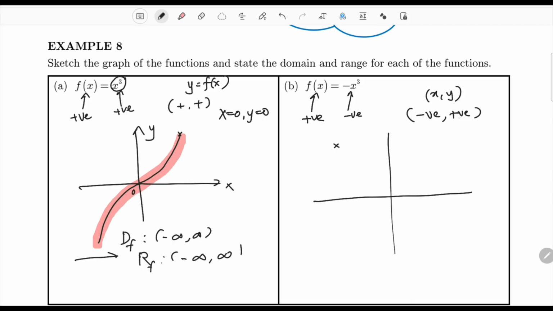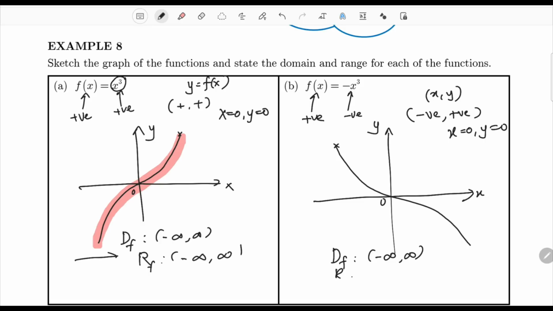So x is negative, y positive, must be in the second quadrant. Okay, that's your y, this is your x-axis and the origin. So again, if you have x is 0, you get y is 0. So the curve will pass through the origin. So sketch nicely. And the domain will be negative infinity to infinity. Range also will be negative infinity to infinity.